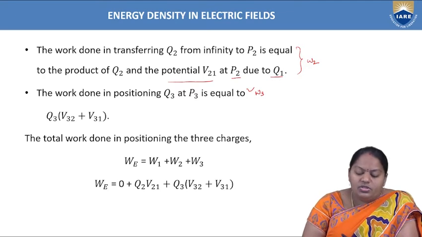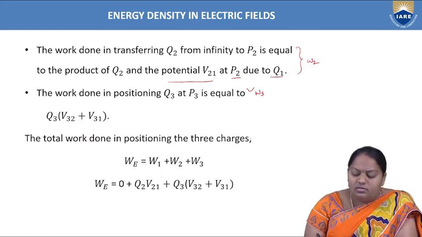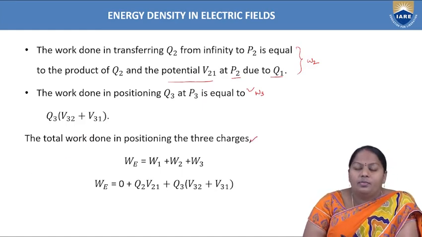So the work done in positioning Q3 at P3 is W3 equal to Q3 into V32 plus V31. V32 is the potential difference between 2 and 3, and V31 is the potential difference between 1 and 3. So, first of all, the total work done in positioning the 3 point charges.